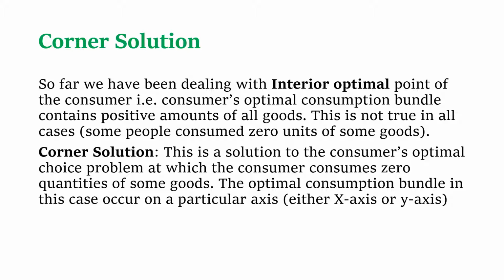If it occurs on the x axis, then it means that the consumer only consumes a positive amount of x and zero amount of y. If the optimum occurs on the vertical axis, then it means that the consumer only consumes y and none of x.